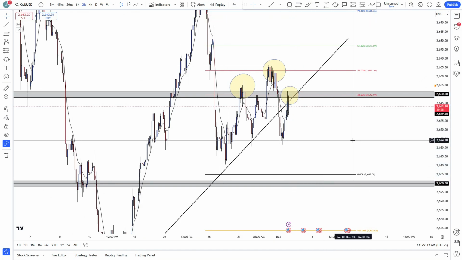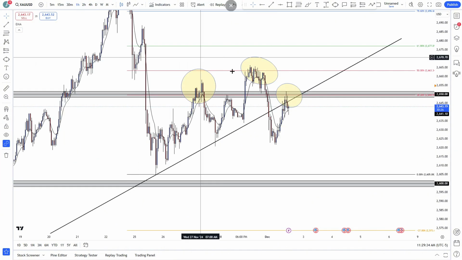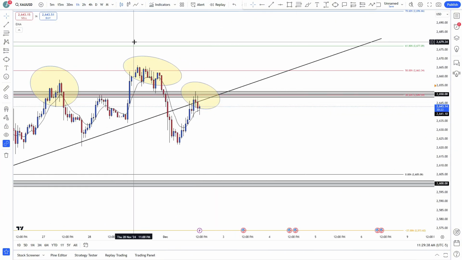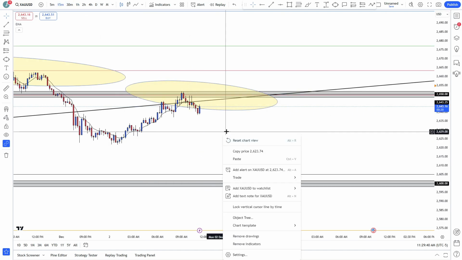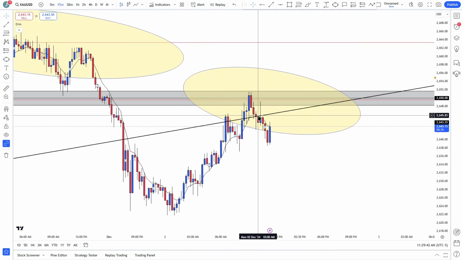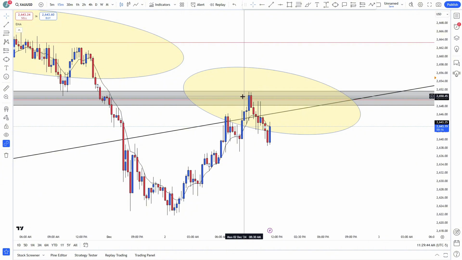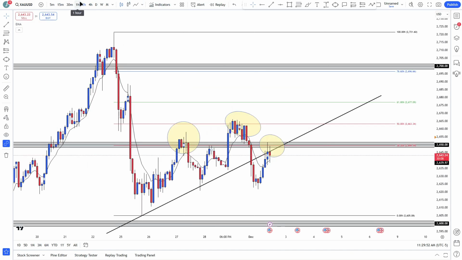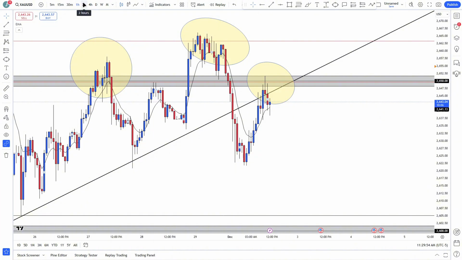So looking for gold to retest too. Do want to see a retest of this moving average, this trend line. Although we did just see a breakthrough, rejection of the 2650. So that is a lot of confirmation. So I want to see a breakthrough of the moving average though.